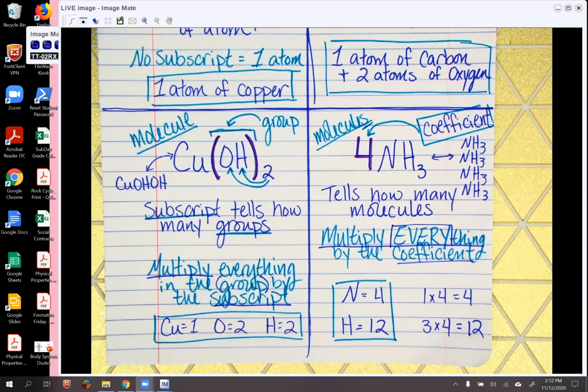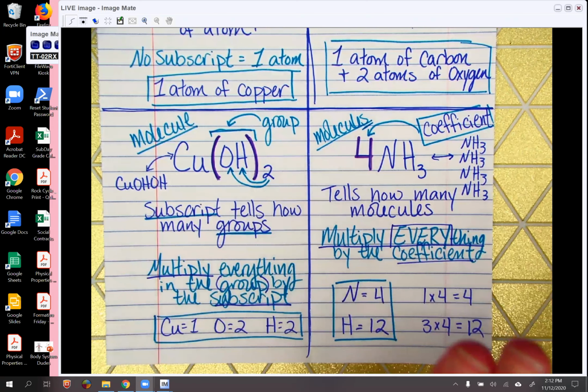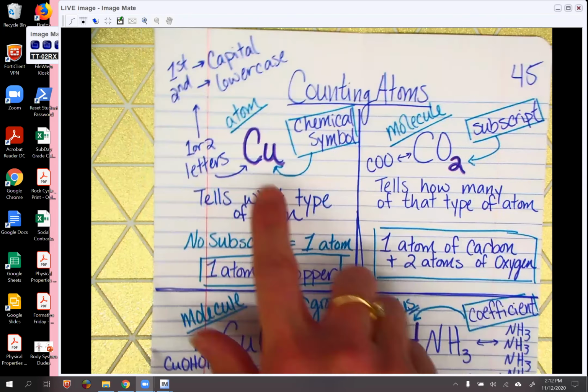Caroline said, why is the H capital if the second letter is lowercase? Can you give me a little bit more? Because I don't have an H with a second letter that's lowercase. Oh, this is not the second letter in the molecule. This is the second letter in the chemical symbol.